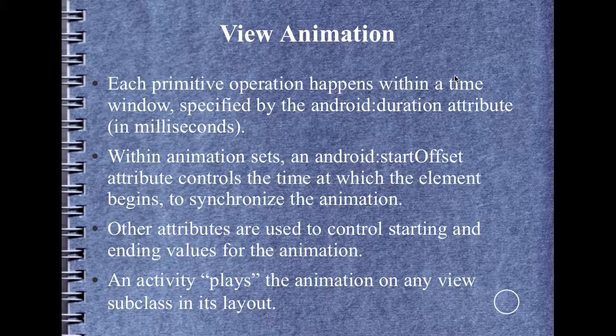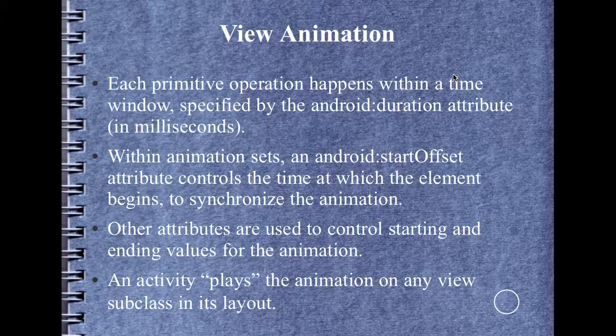So now every primitive operation, the alpha, the translate, and so on, happens within a time window, and we specify that in an android:duration attribute for that entity. And this is specified in milliseconds. Within a set of animations, we can use a start offset to control the time at which the element begins.